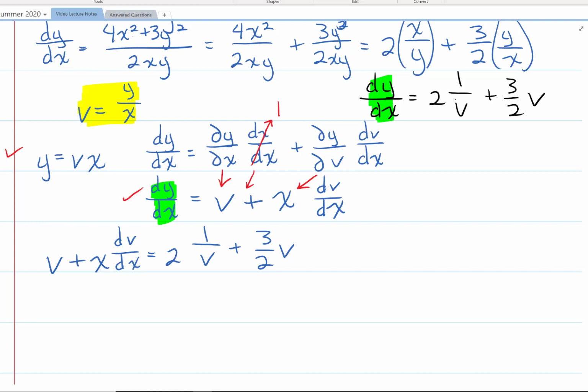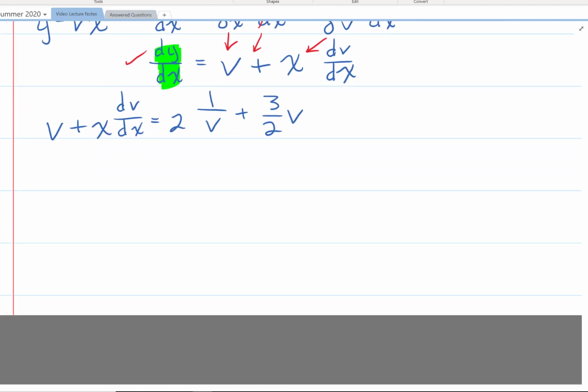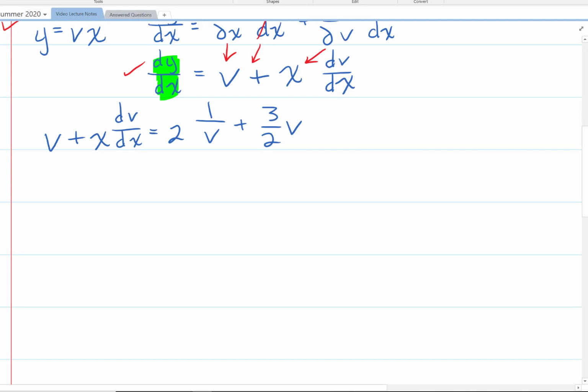And hopefully this particular differential equation is one that we can solve using one of our methods, using whatever method it is. Let's clean it up a little bit more because we're not quite sure at this point. We need to get the derivative by itself, right?